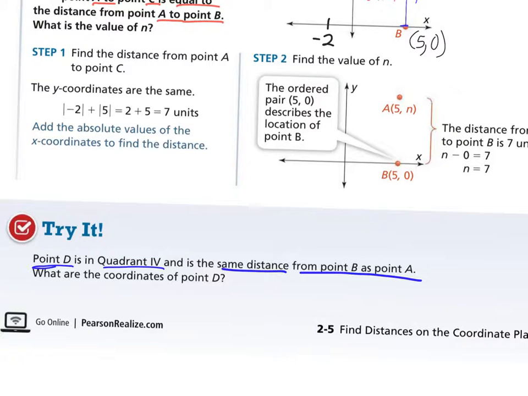So D is also going to be 7 units away then. So if this is 7 units here, it's going to be 7 units, only it's going to be going down if it's in the 4th quadrant. So coordinates of D would just be 5, negative 7 then.